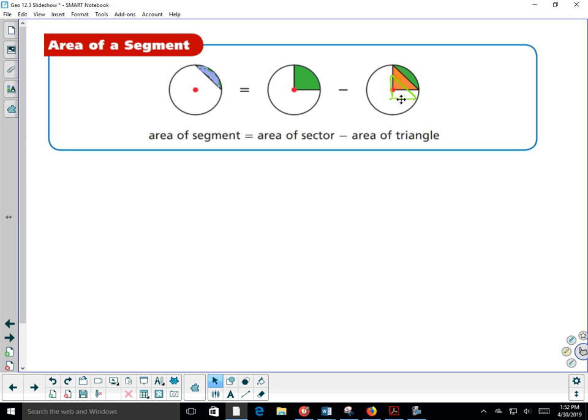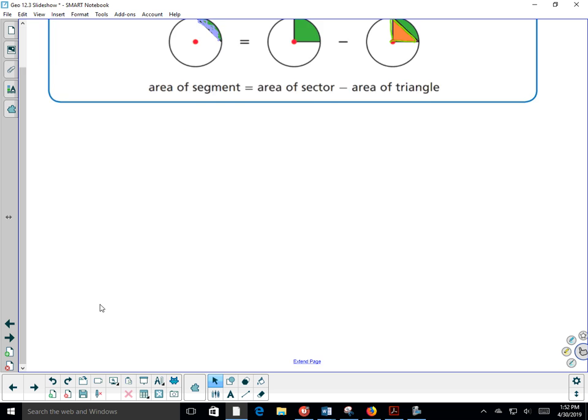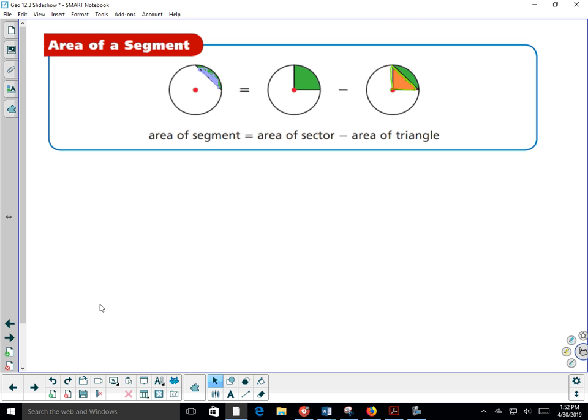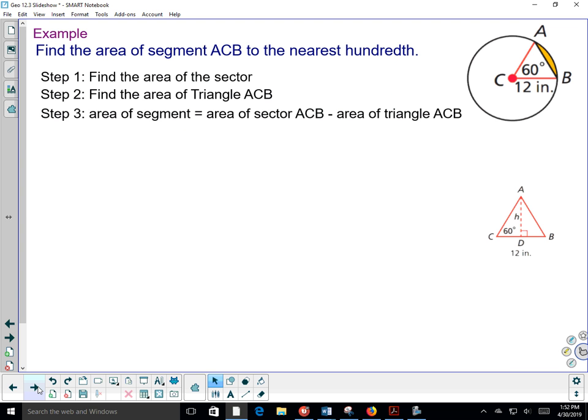If I subtract off this triangle area, then I'll be left with just this segment area. Are we good with this? Make sense? All right, we've done enough of these composite figures, hopefully, that you know that you can subtract off one area from another to get the remaining area.